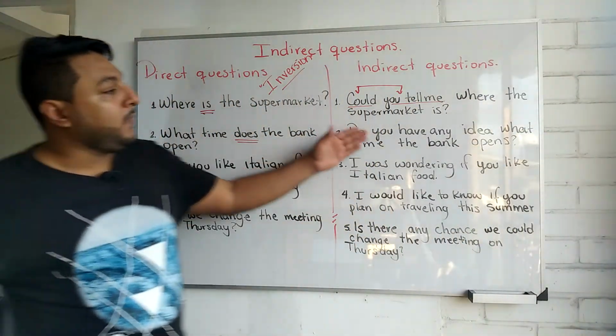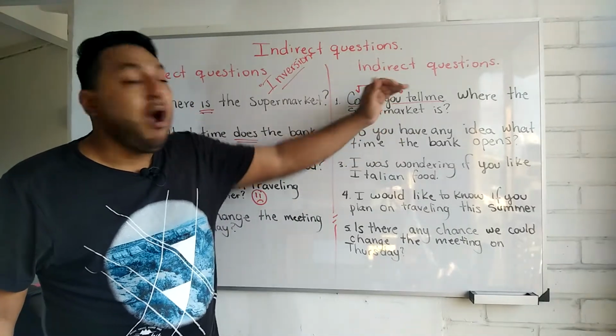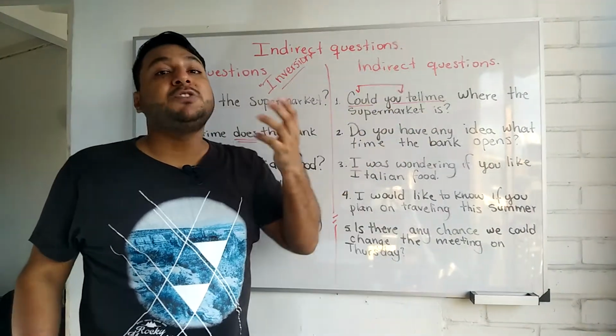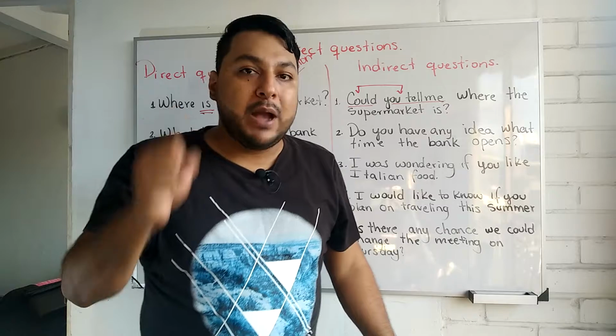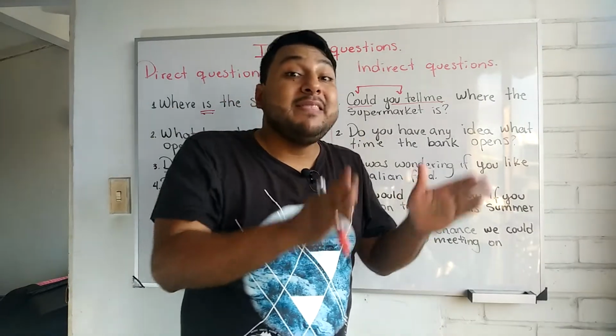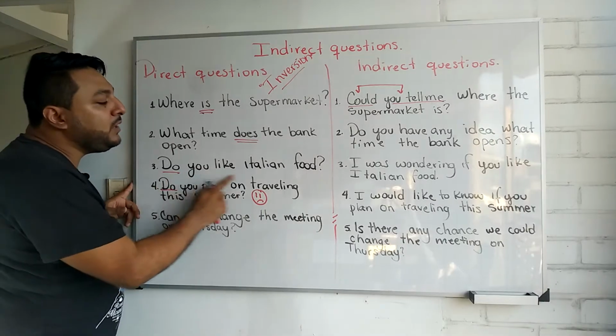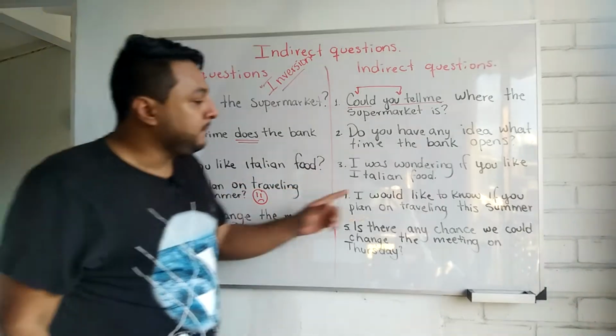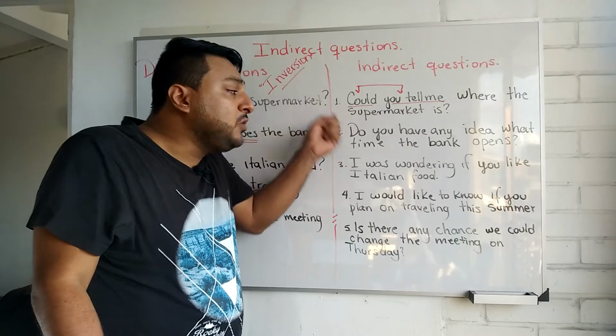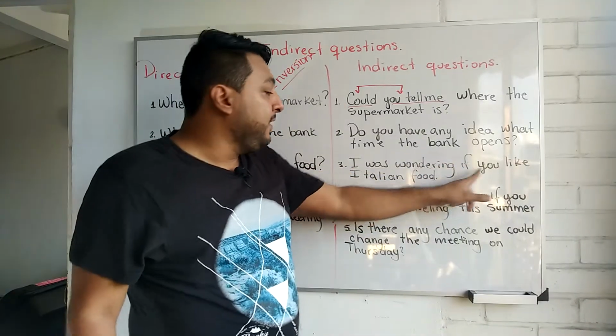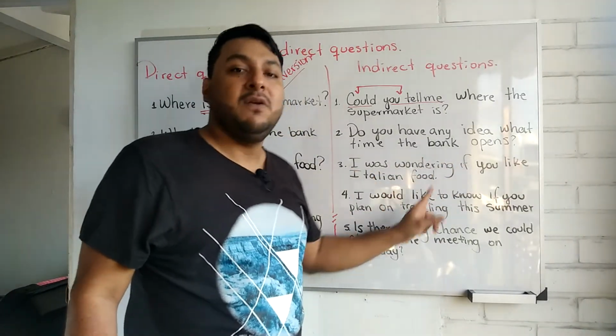Now, these two are questions, but I can also embed the question into an affirmative sentence. Like in this case, the question is, do you like Italian food? Indirect question: I was wondering if you like Italian food.